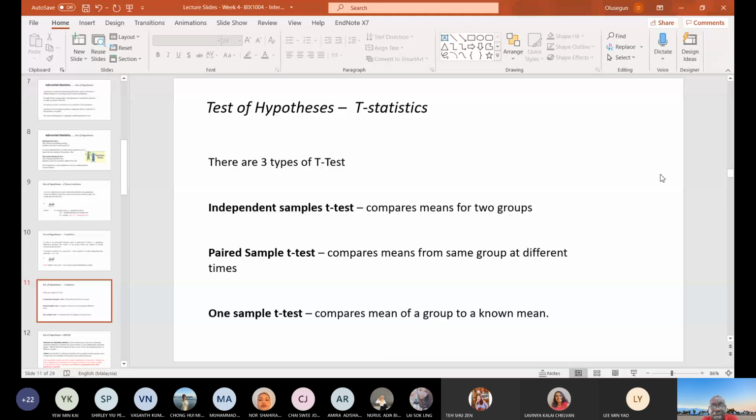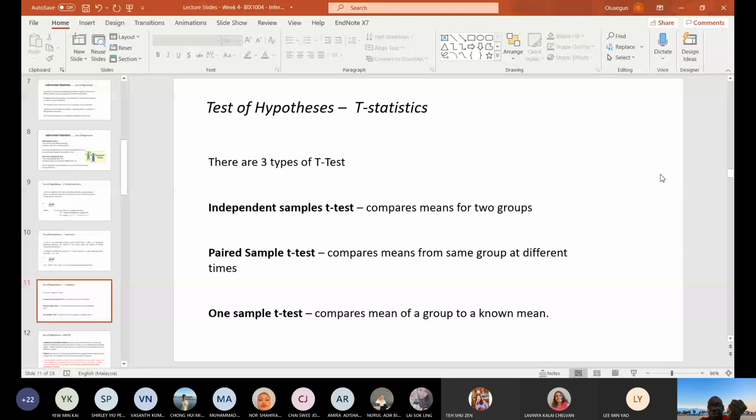Then there's what we call the paired sample test. Here it is the same group, let's say the same males, but you now pair their samples into two. They are all male, then you divide the results into two, you classify them into two, check the result of this, check the result of that, and look at whether there's any difference between the groups.